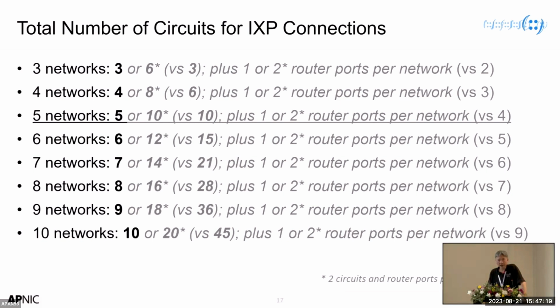Maybe the sweet spot is if you have 5 networks or above, then setting up an IX would be meaningful. If you only need to connect 3 or 4 networks together, probably you don't need an IX. But if you reach 5 networks or even more, then it's meaningful to have an IX, because you can save router ports and circuits as well.